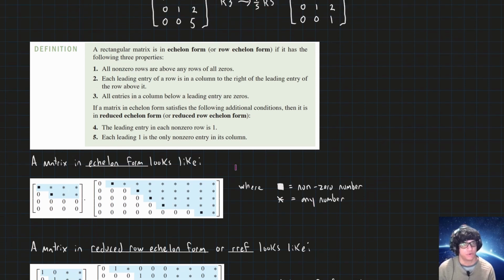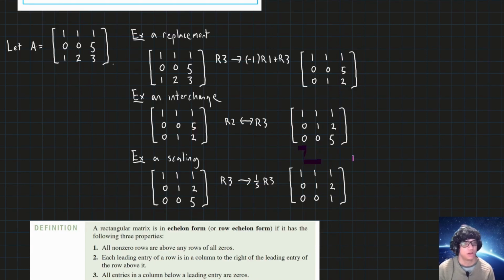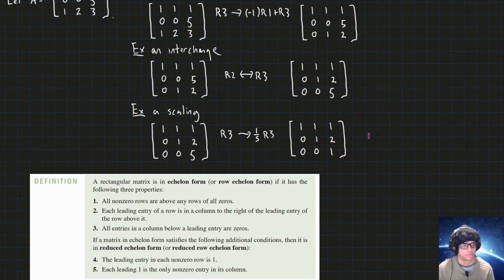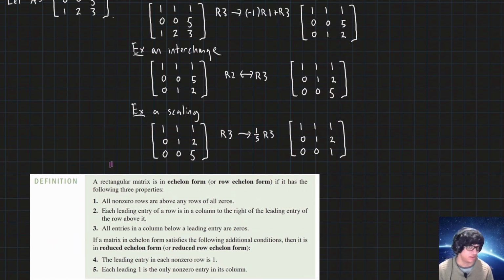If we look up here, our A, when we did this operation and then this operation, we actually got it into echelon form here. This is echelon form. If we wanted to put it into reduced row echelon form, this step is one of the first steps.